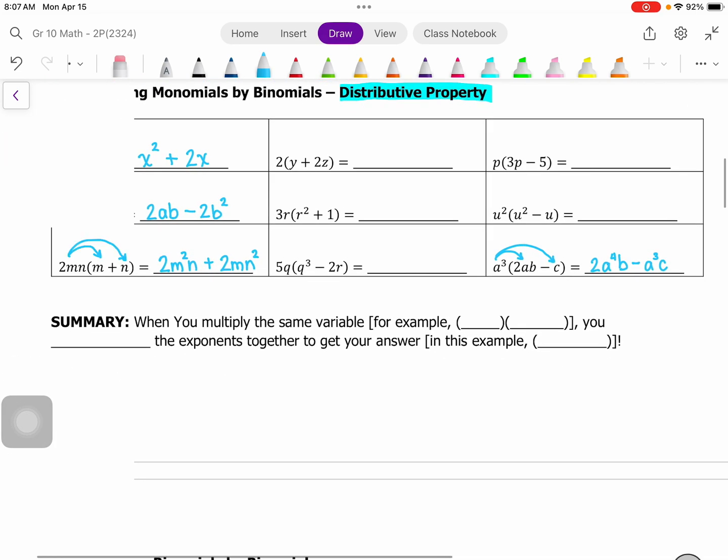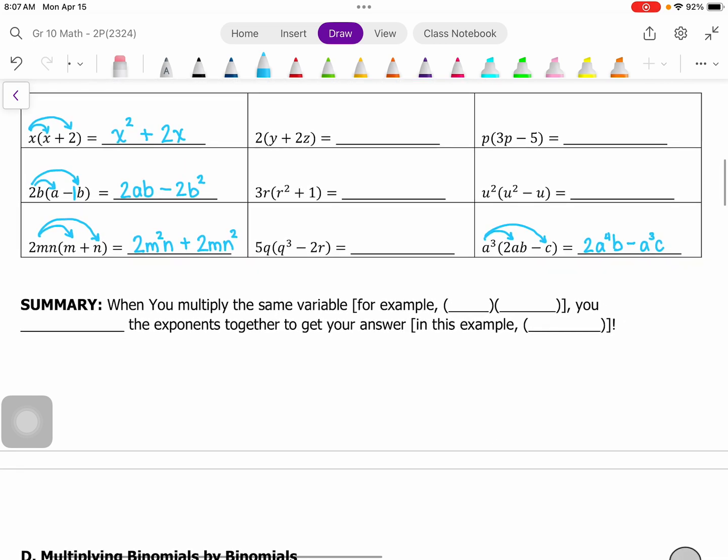So just a quick summary. Hopefully you remember this from grade 9. When you're multiplying the same variable, so if you have x squared times x to the exponent 5, you can just add the exponents together. So in this case, 2 plus 5 is 7, so your answer would be x exponent 7.